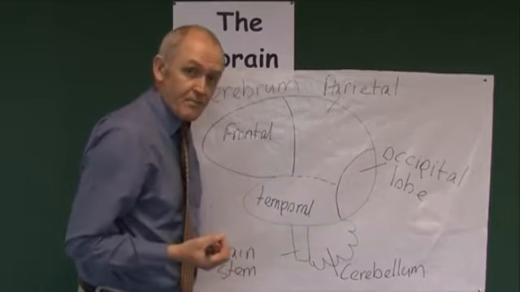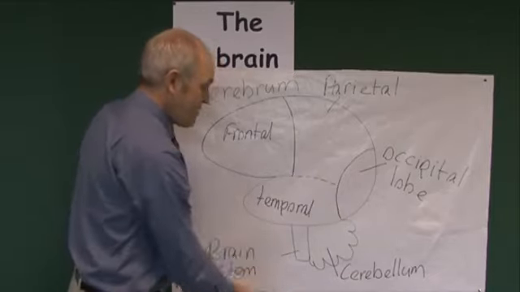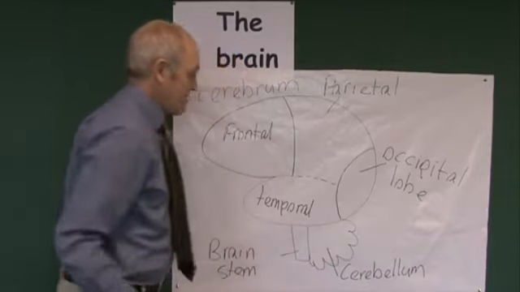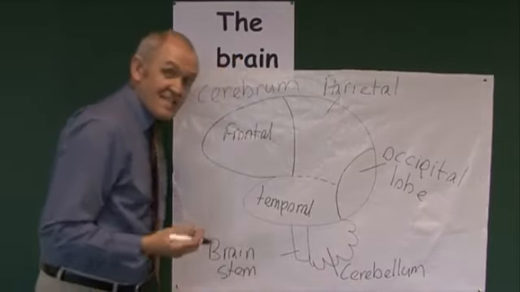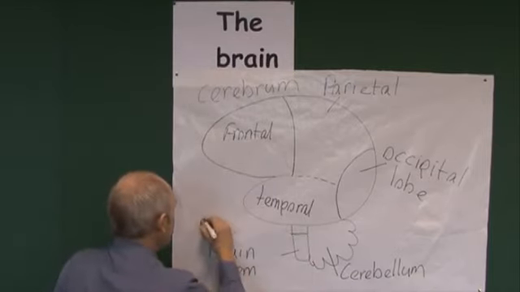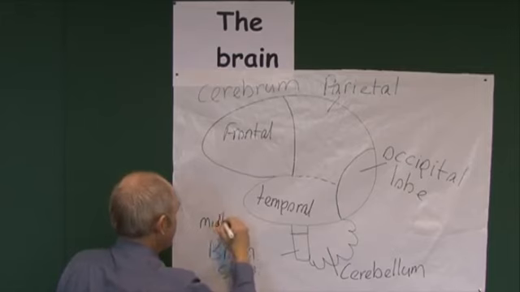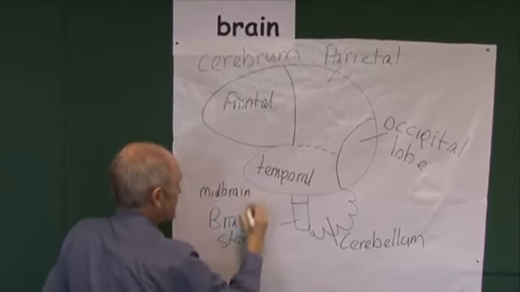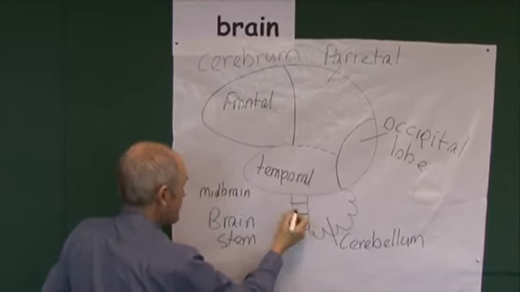The other two main components of the brain are the brain stem and the cerebellum. The brain stem is itself divided into three sections. The top part is the midbrain. The middle part is the pons.